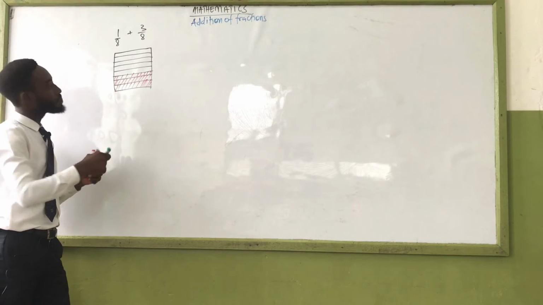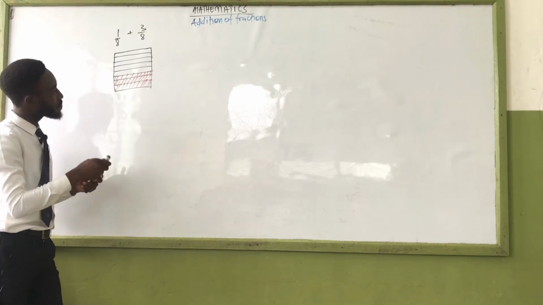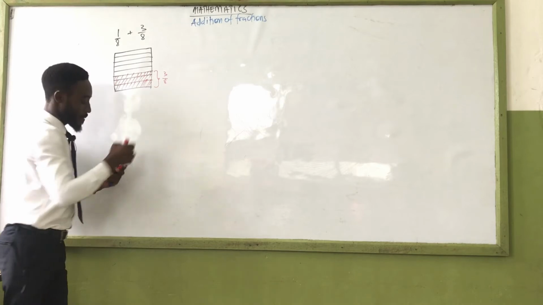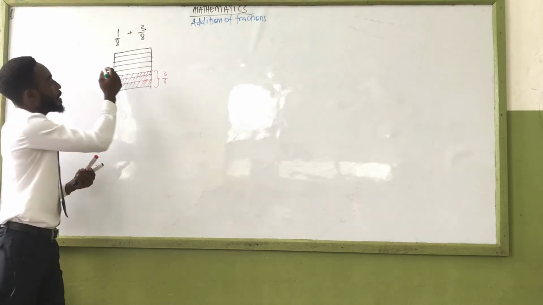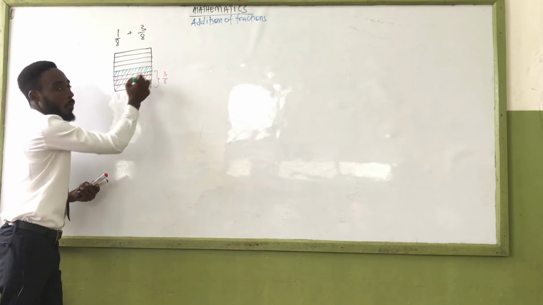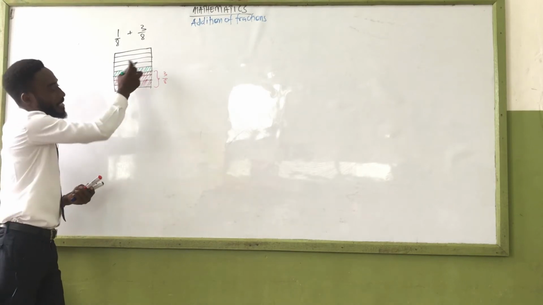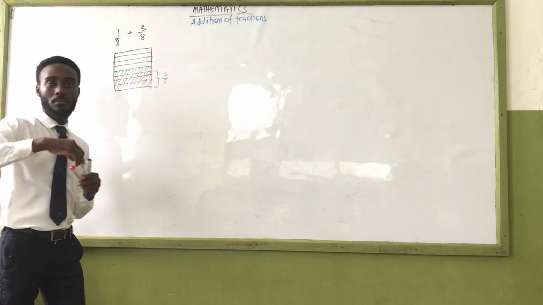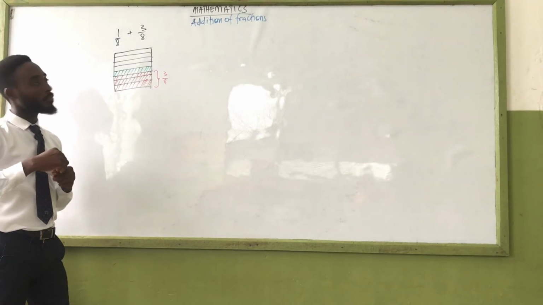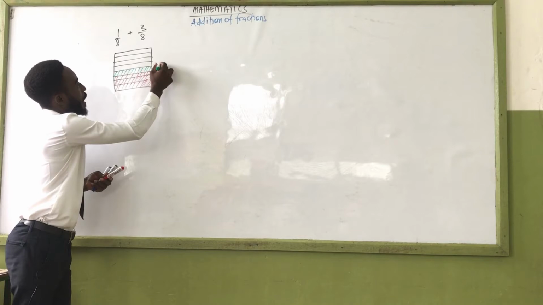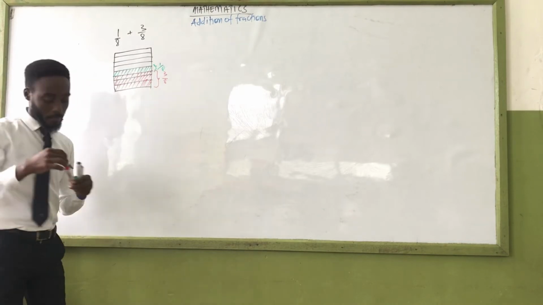If we add, so this is 3 out of 8. And we add green, which is 1. What's the fraction of the green shaded portion? Marilyn. All right, that would be 1 out of 8.